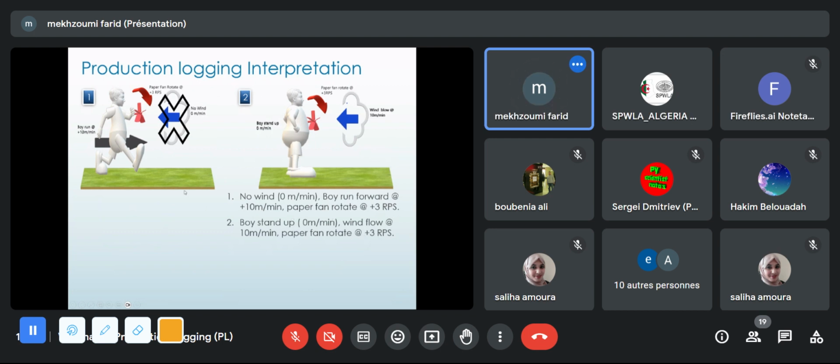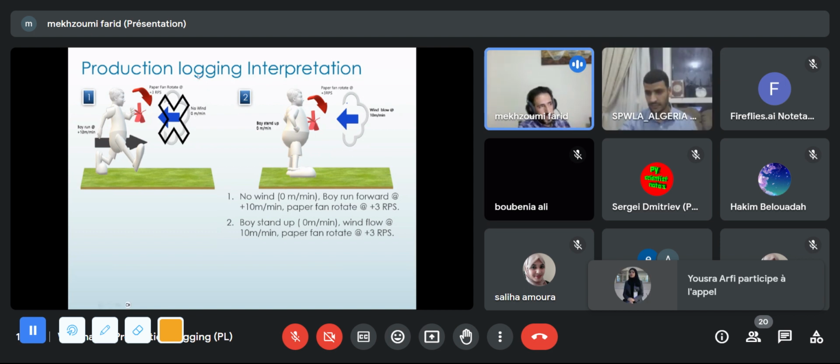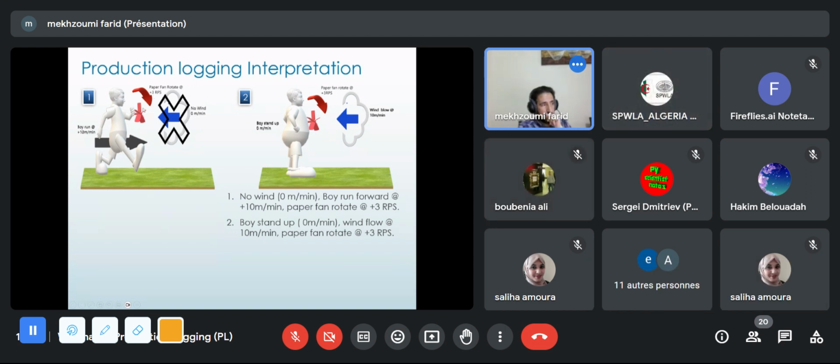From these two cases, I understand the effect on our spinner, this paper fan: if I have any flow against it at 10 meter per minute, it rotates 3. And if I run inside any mass, because here we have air, which is mass, even when the air is not moving, the air is there. The boy is running inside the mass of air, which makes the paper fan rotate 3 RPS on the positive side.